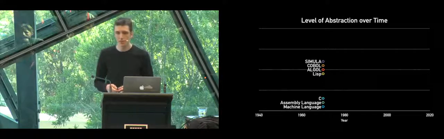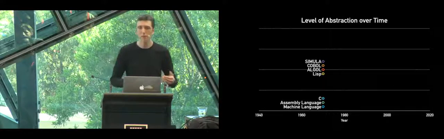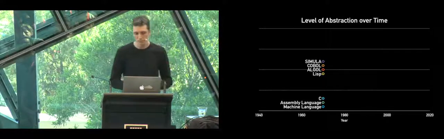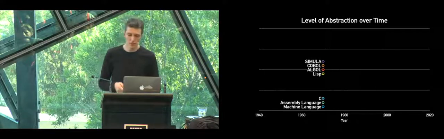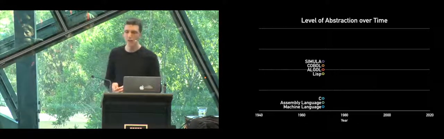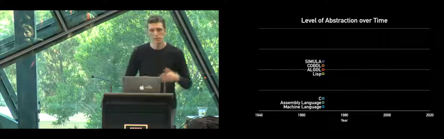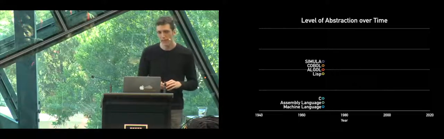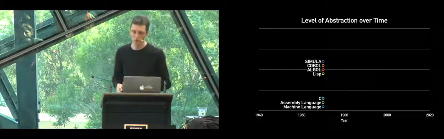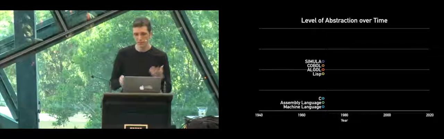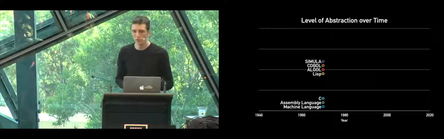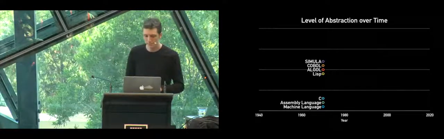But I would say this was a bit of a step backward in terms of abstraction. That said, compared to all of these other languages, Simula, COBOL, ALGOL, and Lisp, C was really popular and continues to be popular relative to these other languages. It's arguably the most popular language still today.